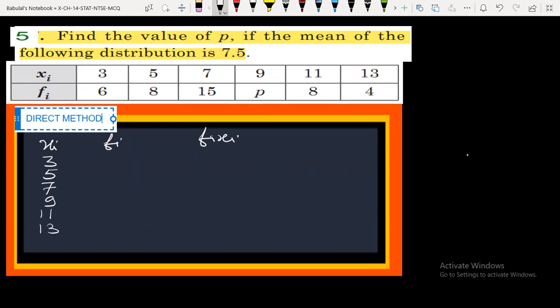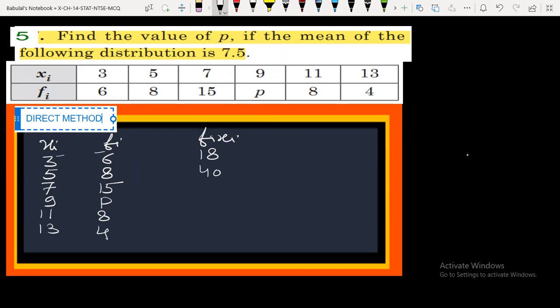Corresponding frequency is 6 and 8, 15, P, 8 and 4. And we know the next term, fi into xi, means 3 into 6, that is 18. 5 into 8, what is 8 fives? 8 fives are 40.